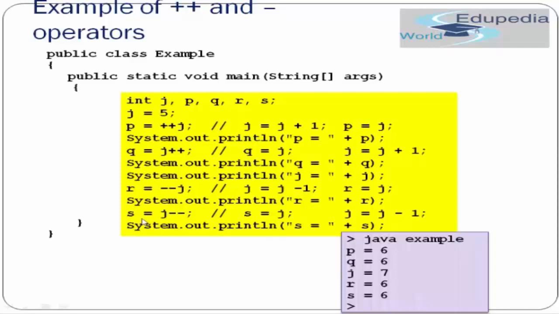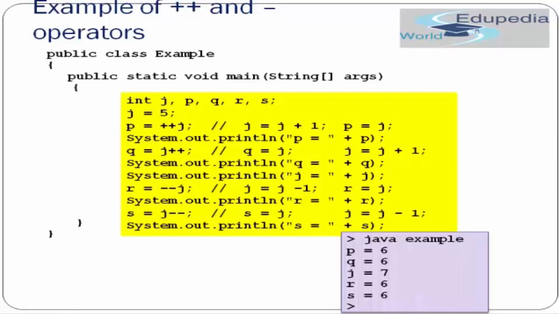And then we are doing a post decrement. In post decrement, what happens is the same as in a post increment. Firstly, the value of J will be assigned to S and after that it will be decremented. So it's a post decrement: firstly assign and then decrement.